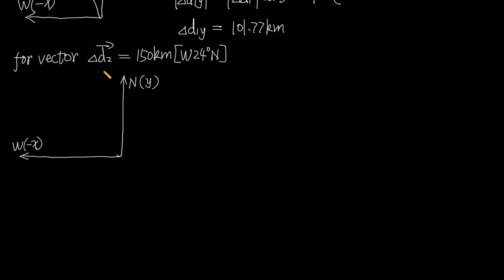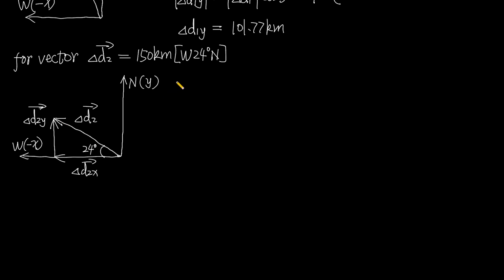And the direction of vector delta d2 is west, 24 degrees toward north. It should be like this. This is the vector delta d2. And this angle is 24 degrees. This vector is delta d2x. And this vector is delta d2y.